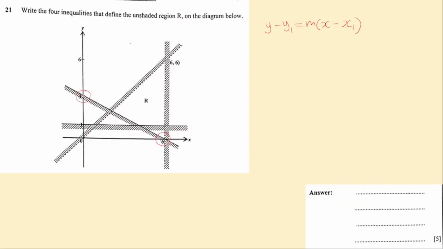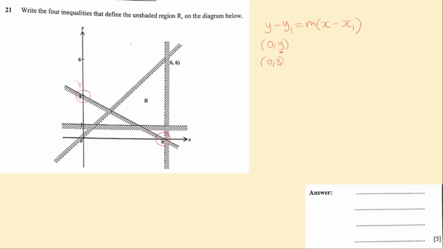When you look at this point here, this point is where the line cuts the y-axis, so that point is of the form 0, y. When you come to this point, the x-coordinate is 0 and the y-coordinate is 3. So that point is 0, 3.